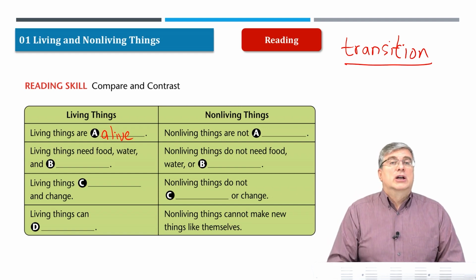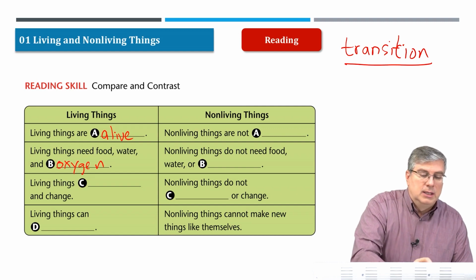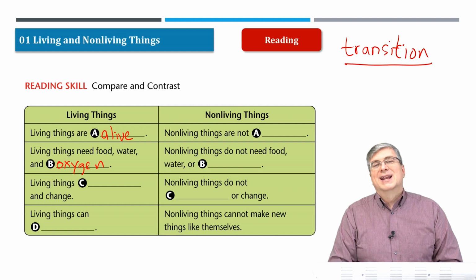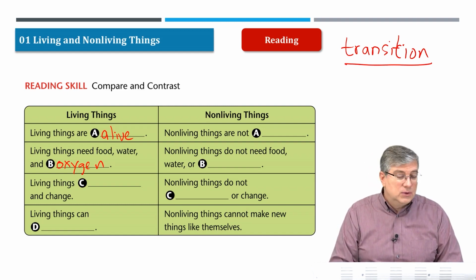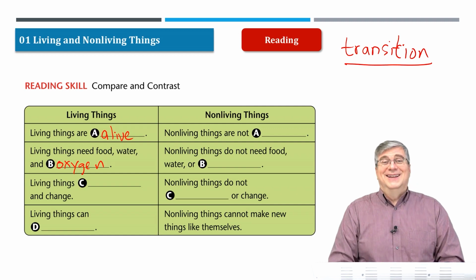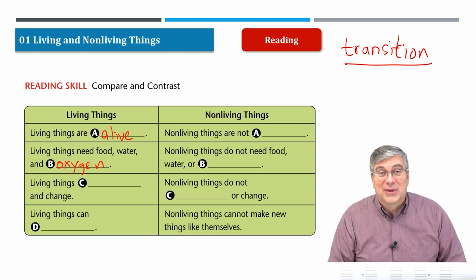We are getting oxygen. So, living things need food, water, and oxygen in order to continue living. If you don't get food, you die. If you don't get water, you die. If you don't get oxygen, you die. So don't die. Get food, get water, get oxygen, stay healthy.